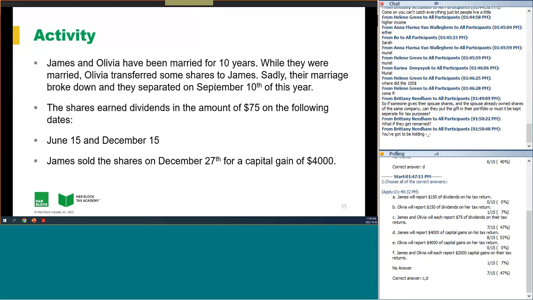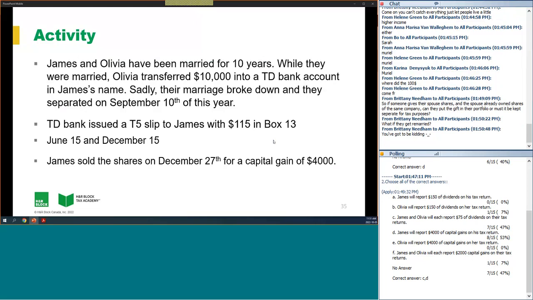I definitely have had people who have created all kinds of scenarios by separating and remarrying and separating and remarrying and having common law spouses. We'll talk about some of those clients when we get to the complicated family chapter. But the rule is, if it is a transfer from a spouse, it doesn't matter when the transfer happened. The fact is you are a spouse, you got it from them, attribution rules apply.